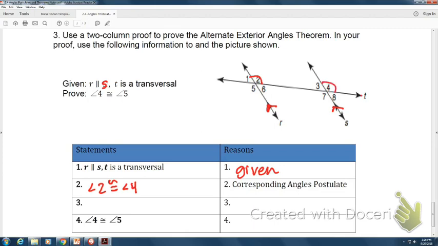Then what do we know? Angle 2 is also congruent to what? Angle 5. How? Vertical angles. Now that last step says angle 4 is congruent to angle 5, and how did you do that?